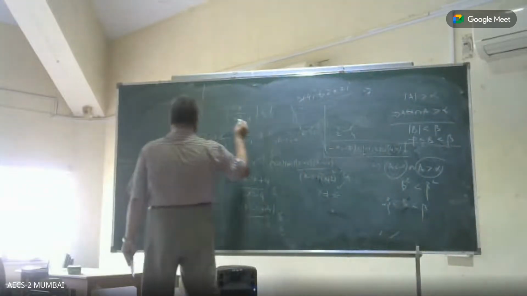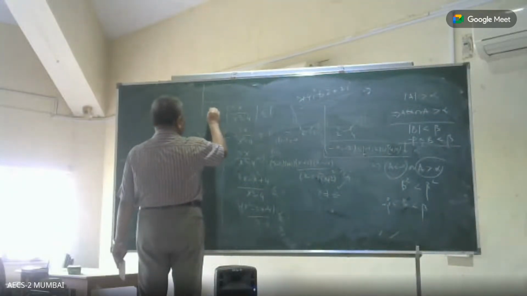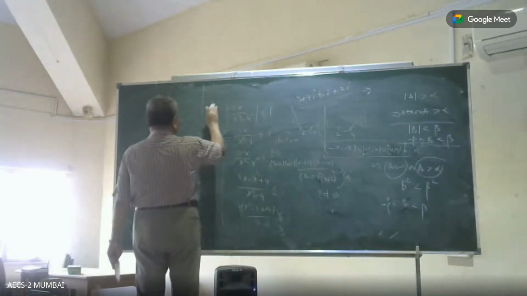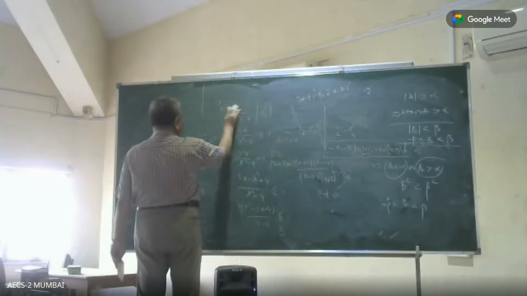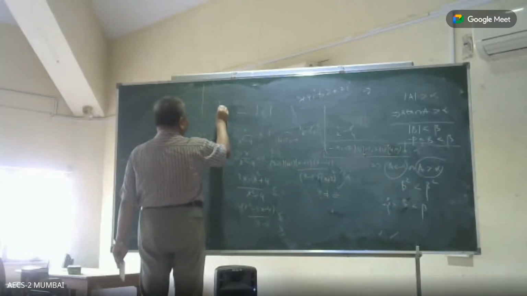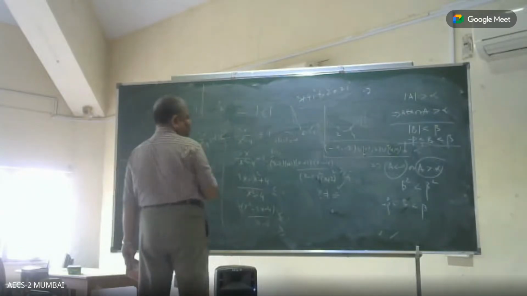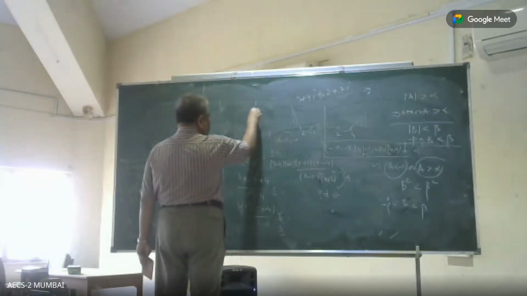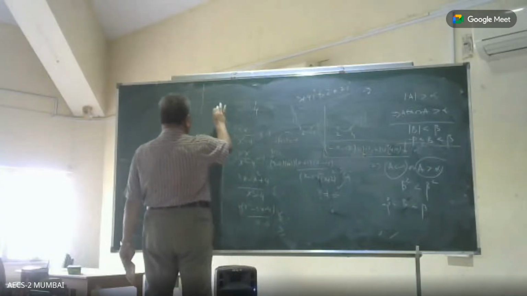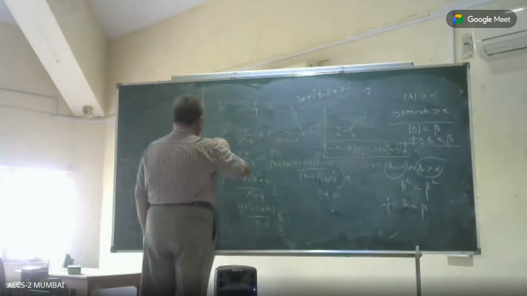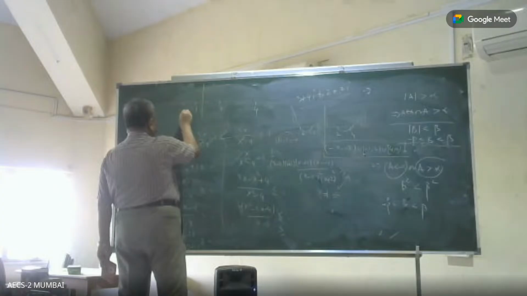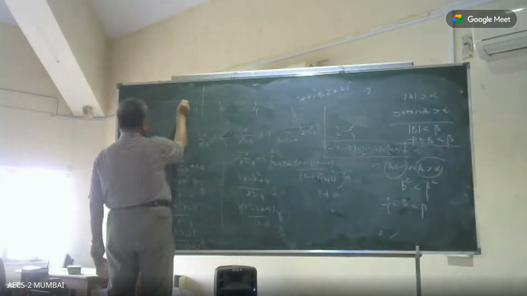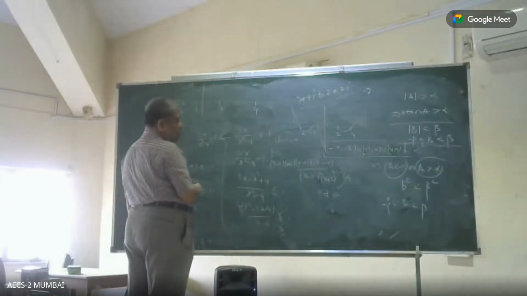So minus infinity, so minus 2. What will matter? Minus 1, minus 2, and minus 1. All these numbers will matter. And 4 and 2. So this 2 and minus 2. So minus infinity to minus 2. Correct?